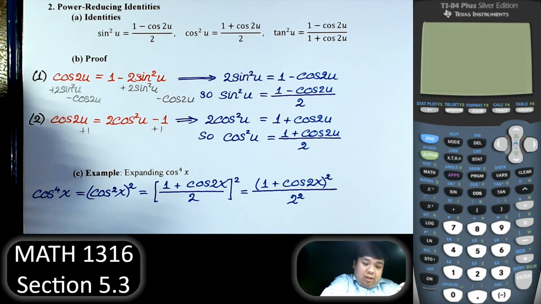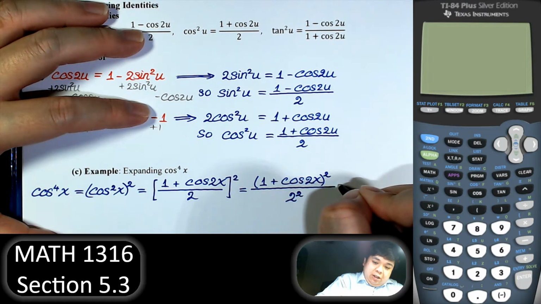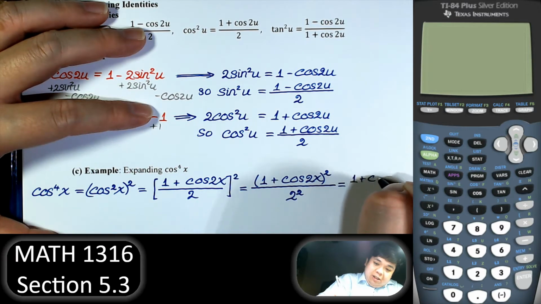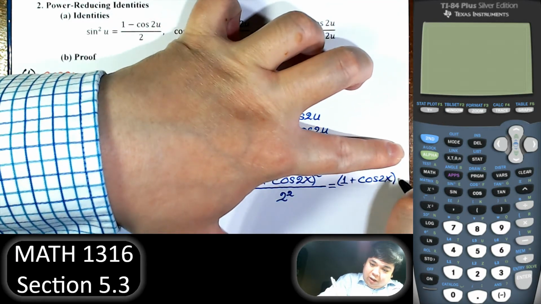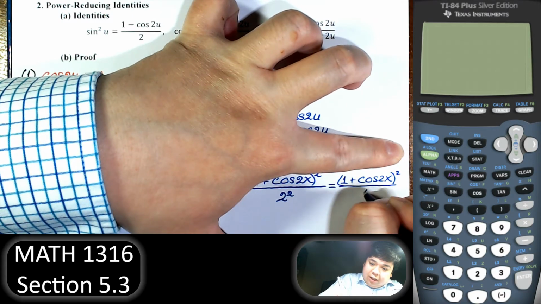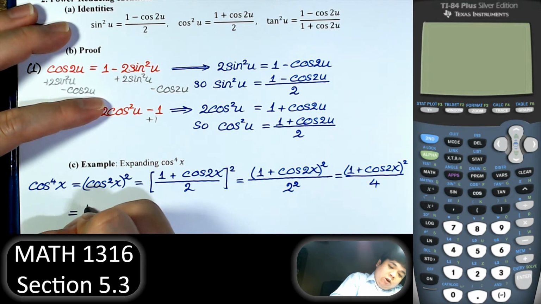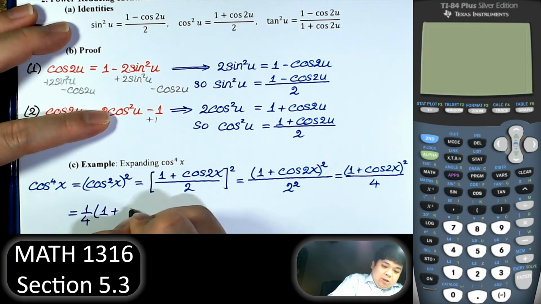Or better yet, of course that will be 4 at the bottom, right? Yeah, multiply the top later. But for now I will write that. And I will take out the 1/4. So I will write like this, 1/4. And then 1 plus cosine of 2x.